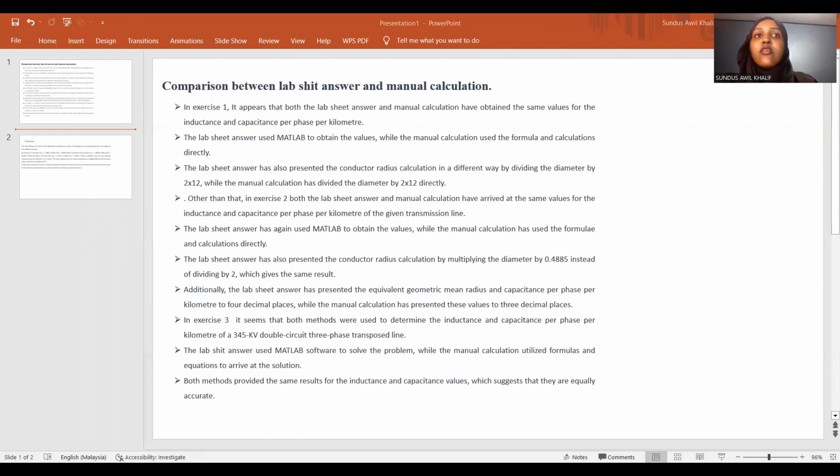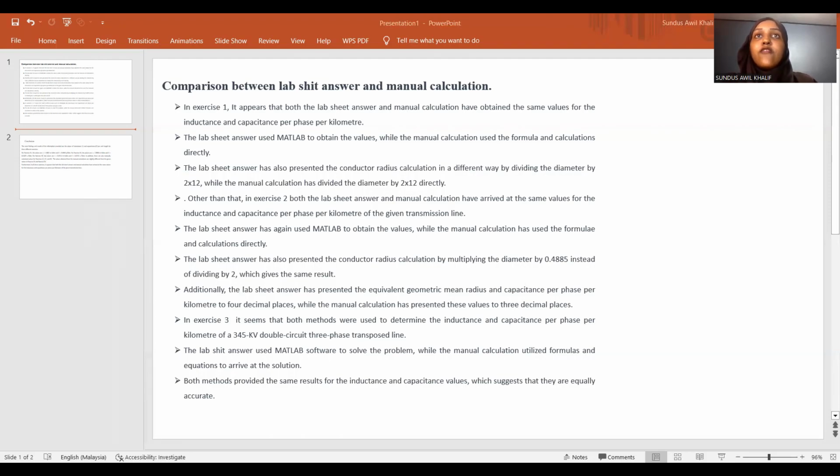Both methods provided the same results for the inductance and capacitance values, which suggests they are equally accurate. So, the lab sheet answer is for using MATLAB, and then the manual solutions.